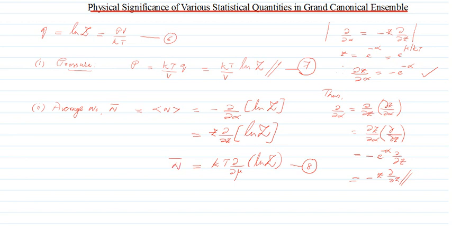Now we are left with one more task: we have to prove that z ∂/∂z is equal to kT ∂/∂μ. We can do it in a similar fashion. See how we do that. ∂z can be written simply as ∂ of e raised to μ/kT, since z is e raised to μ/kT.